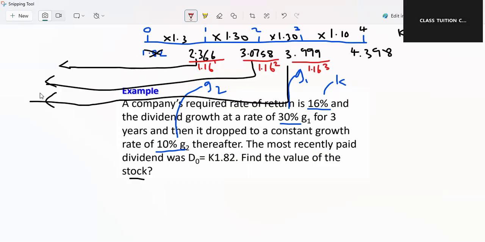2.366 divided by 1.16, you will get 2.04. That's the present value for year 1 when discounted. Then here, 3.0756 divided by 1.16 squared, you get 2.29.